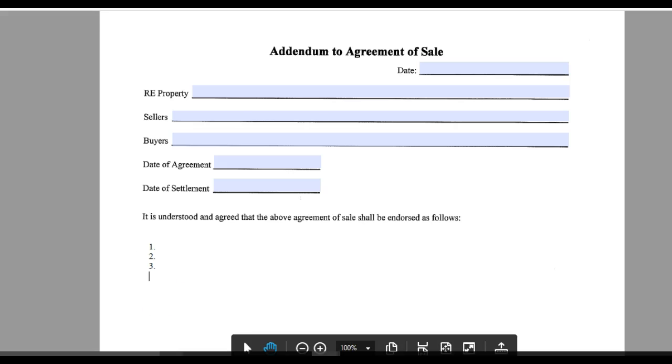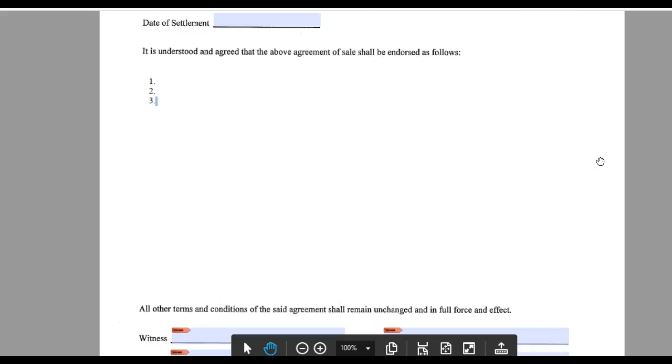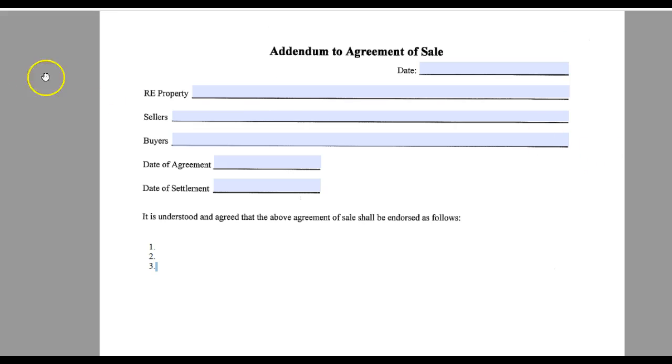In this case, we're going to have the settlement date from the 20th pushed to the 27th. And once again, just keep in mind down here, where are we? There we go. Everybody needs to sign it. Everybody needs to sign it. Let's see, what are some other things? Well, if something gets added, I wouldn't do this for a personal sale.